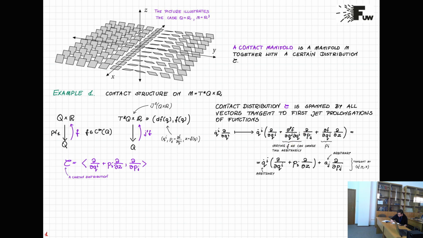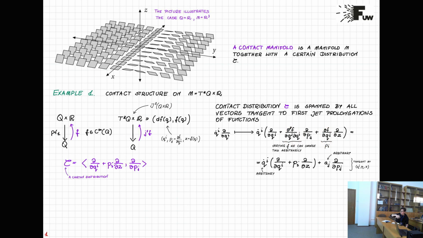So when I change the function, keeping the differential fixed, this can be arbitrary. This is fixed because I look at vectors attached at a certain jet. So this is the coordinate of the jet, but this can be arbitrary.